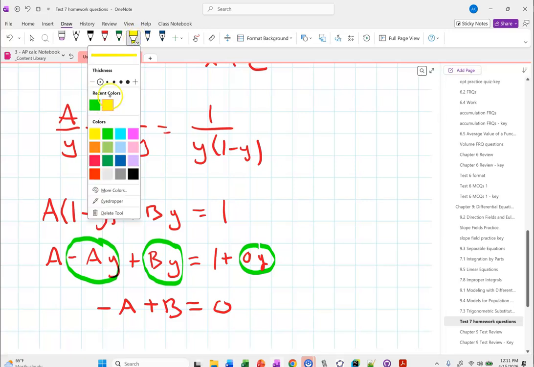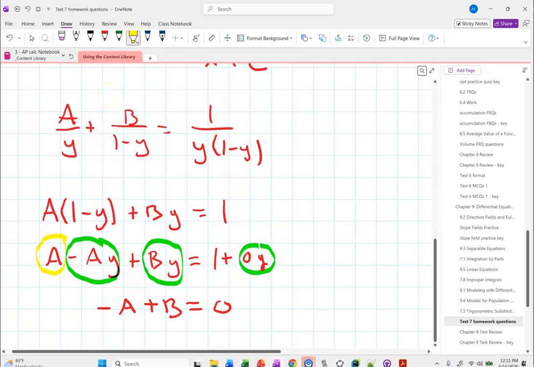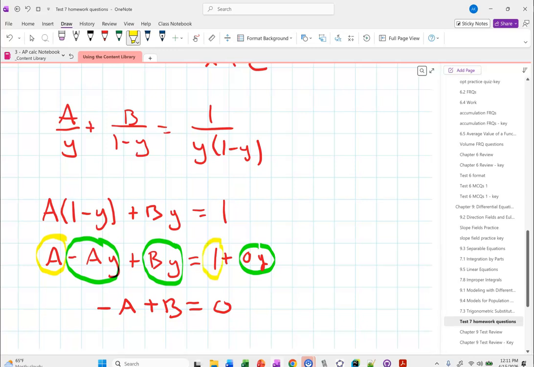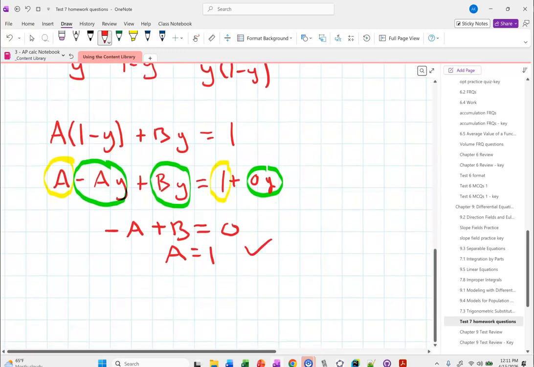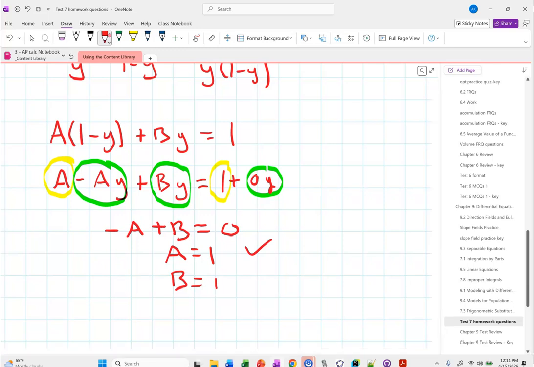And then if I look at the constants, a plus 0b has to give me 1, or just that a is equal to 1. Since I know a is equal to 1, I can plug that back in up here. So negative 1 plus b is equal to 0. So b is equal to 1.